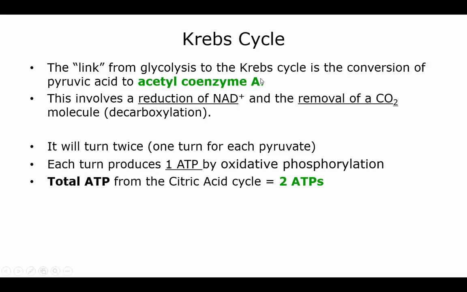But in the process of doing this, it's going to generate a small amount of energy. It's going to generate 2 more molecules of ATP because, again, we took the 6-carbon glucose and split it into 2 groups of 3, right? So when we convert those into acetyl-CoA, we still have 2 groups, so this process is going to have to turn twice.